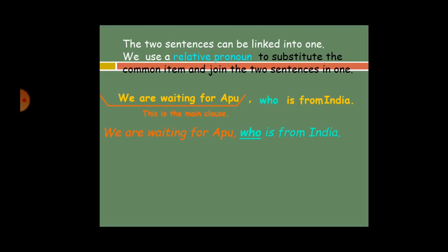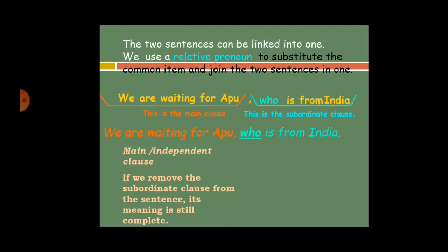See now, this is the main clause: we are waiting for Apu. And who is from India? This is the subordinate clause. The main or independent clause: if we remove the subordinate clause from the sentence, its meaning is still complete. If we remove who is from India, the whole sentence, we are waiting for Apu, makes sense.